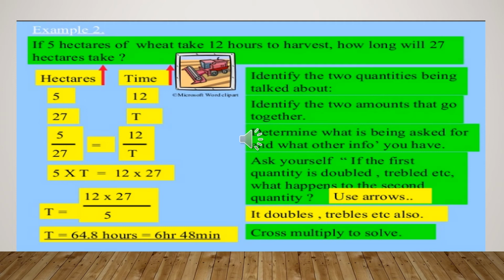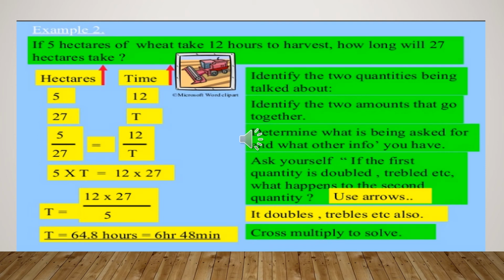Okay, so in this example you can see that 5 hectares of wheat is taking 12 hours, so you have to calculate for 27 hectares. The same steps you are going to follow. First of all you are going to identify the quantities being discussed in the question, and after that you have to see which amounts are going together, meaning which things have the same unit.